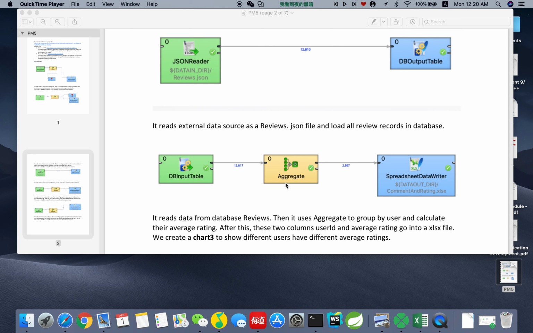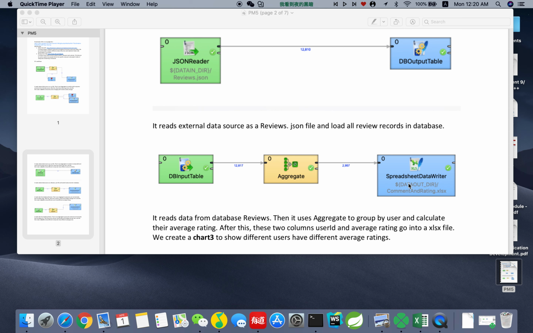Here we group the data by user ID, and calculate the average rating of each user, and then we generate a chart to show the average rating of each user.